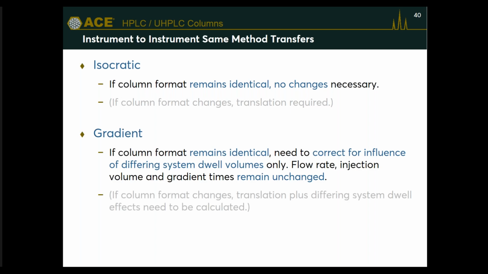That's because you need to correct for the different dwell volumes of the system on the receiving instrument compared to your instrument, because of course the flow rate, the injection volume and the gradient times, your method all stays the same, but you have to account for differences in dwell. This way you can make sure you get the same separation on the receiving instrument as on your instrument in your lab.